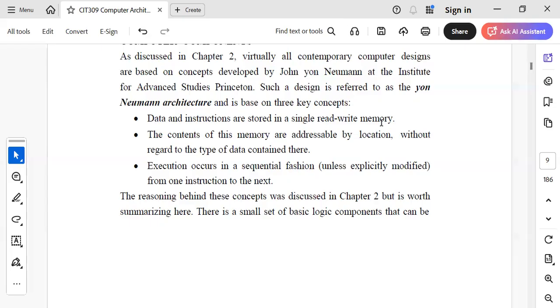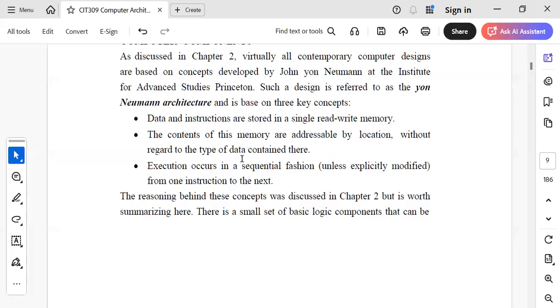Then, the contents of this memory are addressable by location without regard to the type of data contained there, which means that by knowing the location of a memory, I can find the content without having to look for the name of the content.